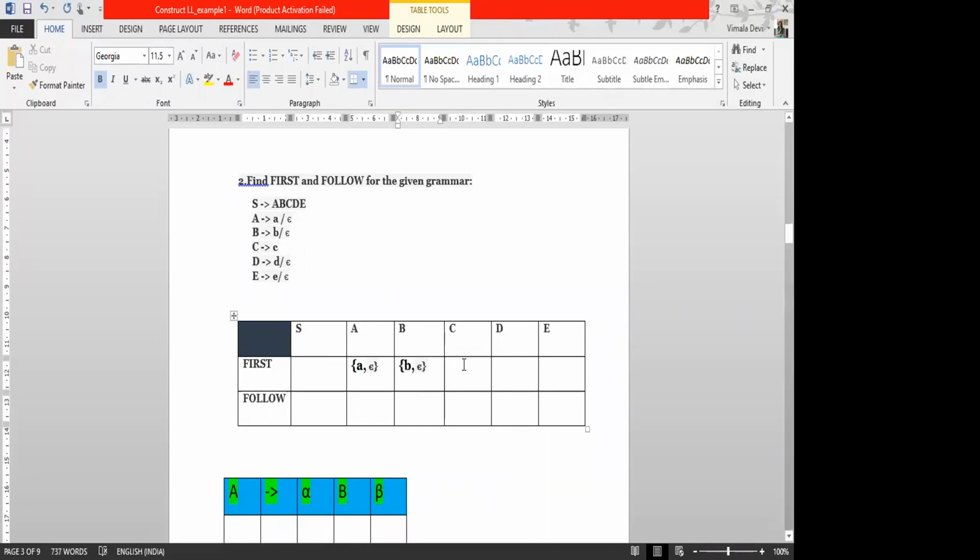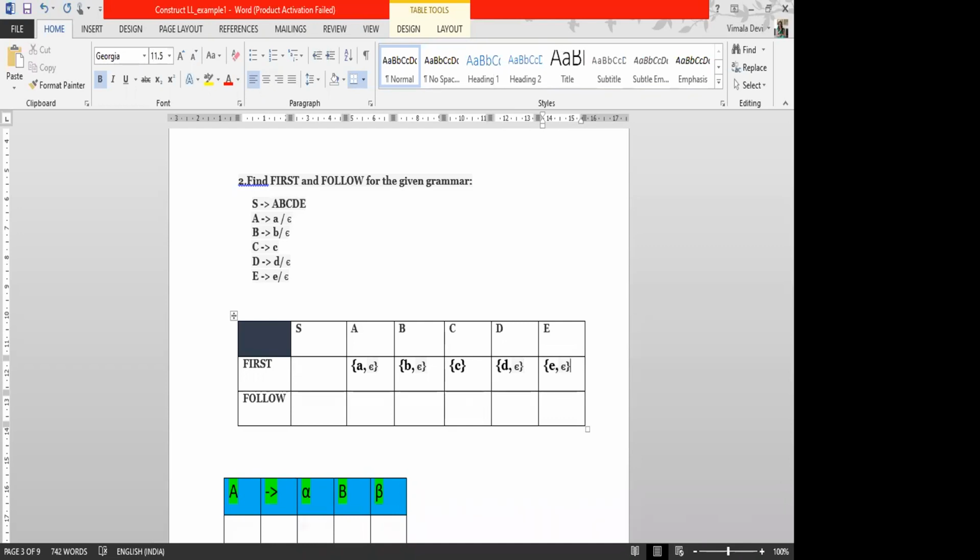It's easy, right? First of C contains only c. What is first of D? It is d as well as epsilon. What is first of E? It is also e as well as epsilon.